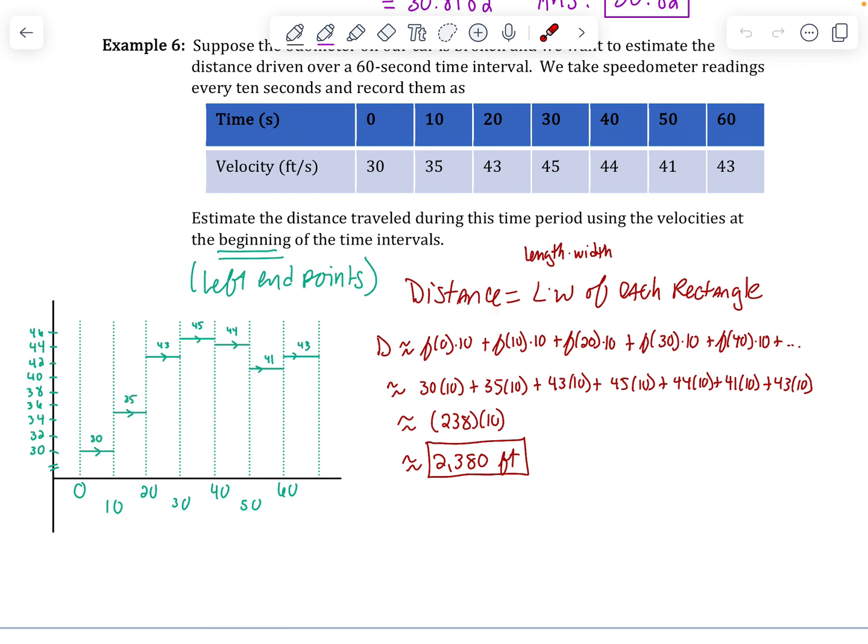Doing what we did above, we need to figure out the area of all of our rectangles to give us the distance. We need to sum up the length times the width. Because it says beginning endpoints, these are left endpoints. Zero could have been over in the corner, but for clarity I wanted you to see that I took 0 to 10 seconds and then 10 to 20 seconds.